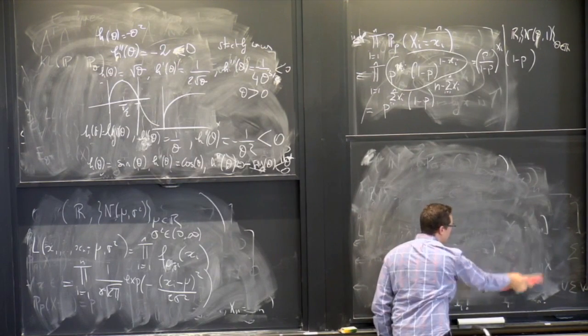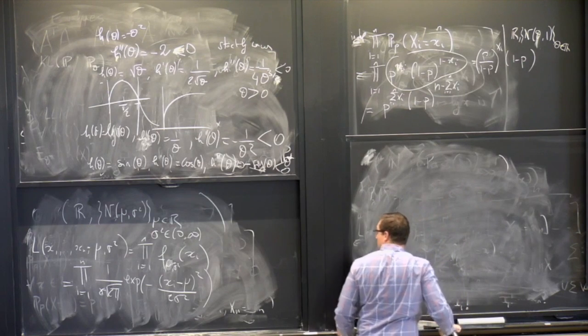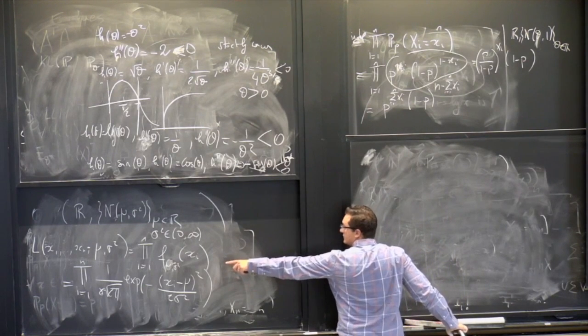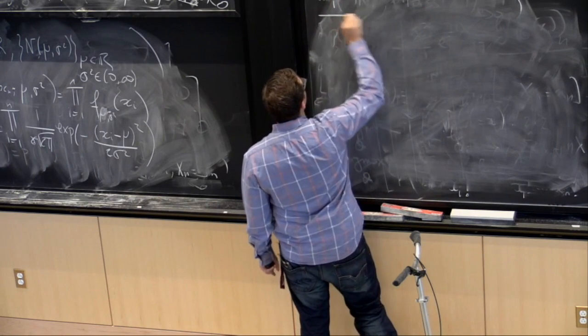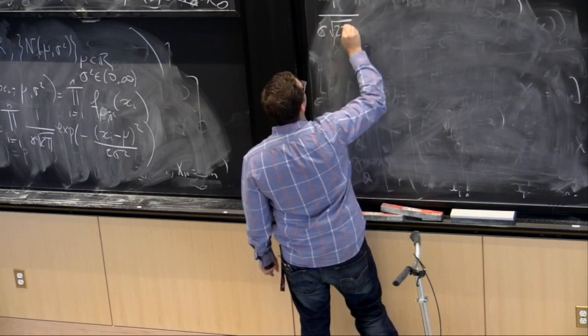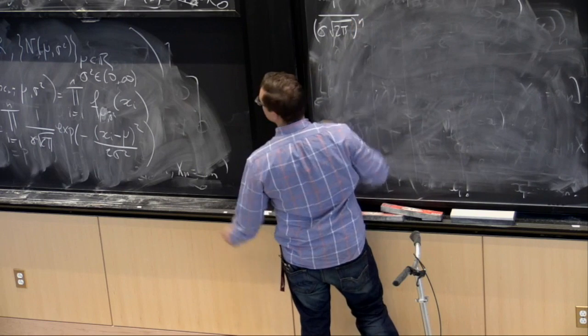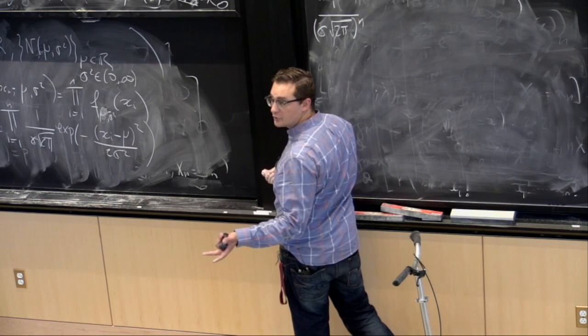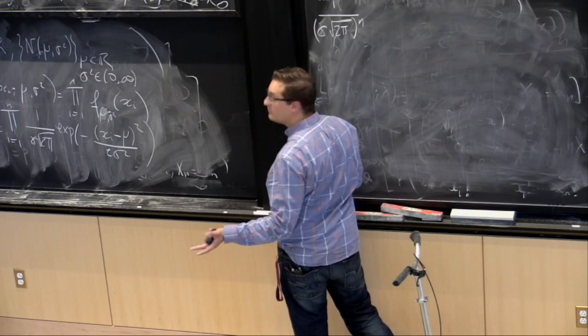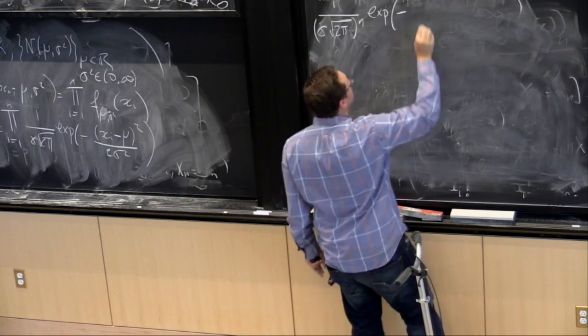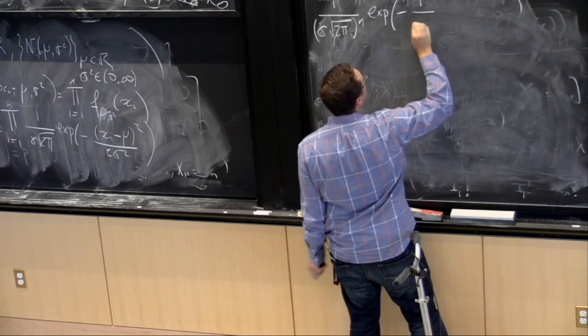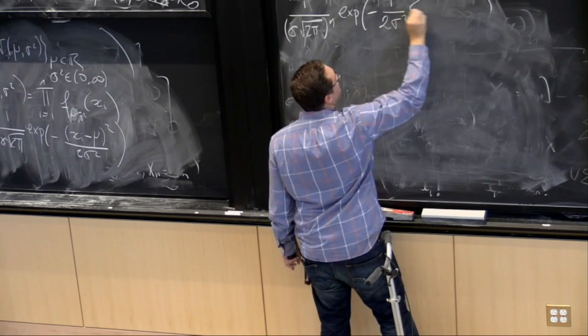Okay, and so now, I have this constant in front, right? 1 over sigma square root 2 pi that I can pull out. So I get 1 over sigma square root 2 pi to the power n. And then I have the product of exponentials, which we know is the exponential of the sum. So this is equal to exponential minus, and here I'm going to put the 1 over 2 sigma squared outside the sum.